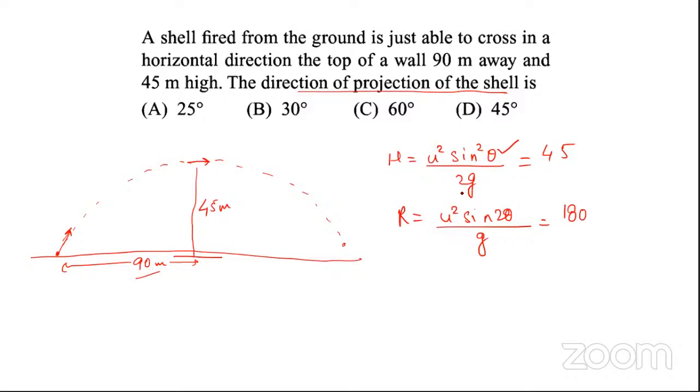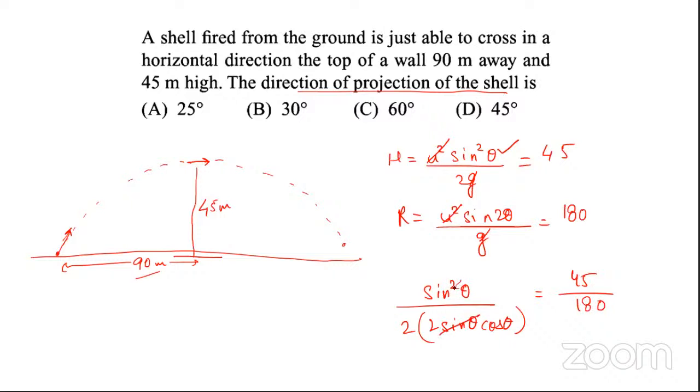So what we can do, we can simply divide these two equations, and u square will cancel, g with g will cancel, and we'll open sin 2 theta also. So we'll get sin square theta upon 2 and another 2 sin theta cos theta equals 45 by 180.